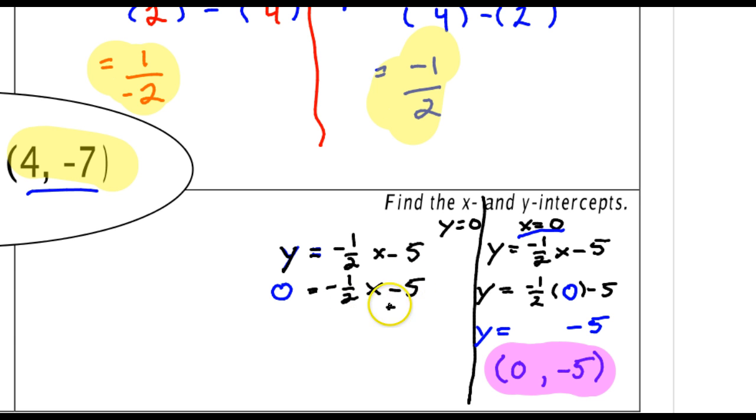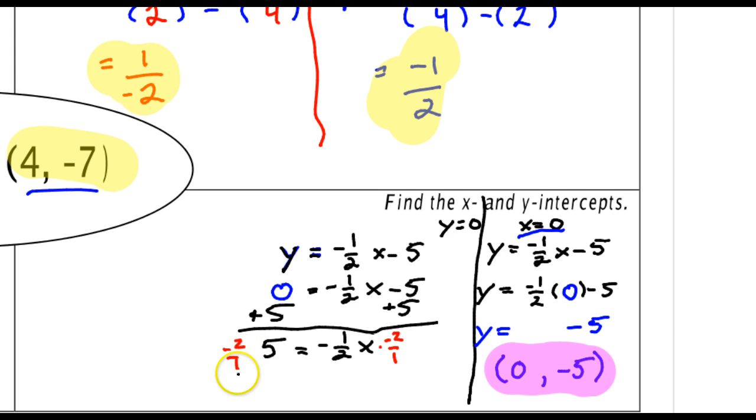Solve that. Add 5 to both sides. And we get 5 is negative 1/2 times x. So half of what number is 5? 10. And then we have a negative here. So multiply by the reciprocal to show that we do indeed get negative 10 because it's a negative.